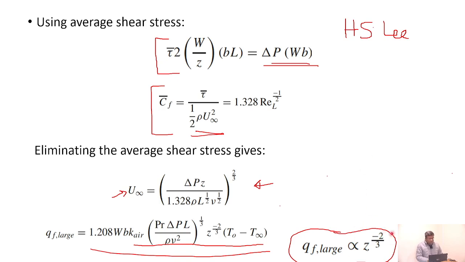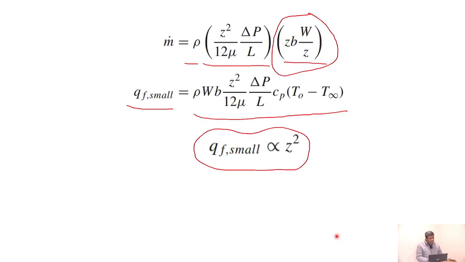Yeah, QF large is z to the power minus 2 by 3. And QF small is z squared in this case. Right? What were the dependencies for the natural convection case? Natural convection QF small went with z squared.